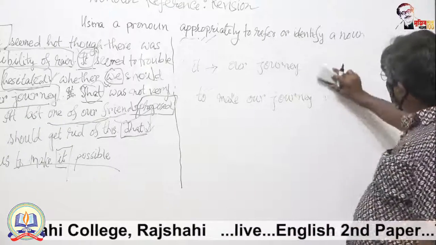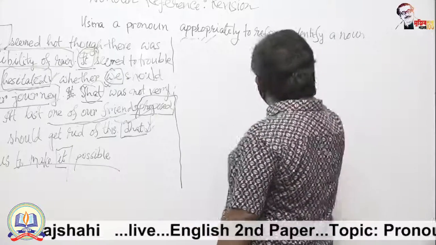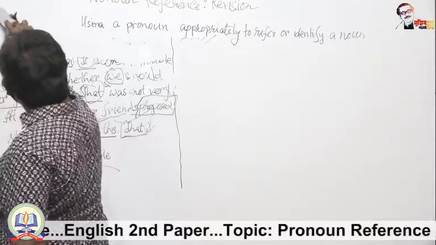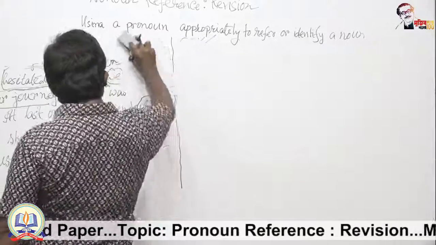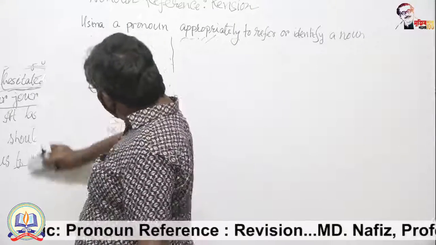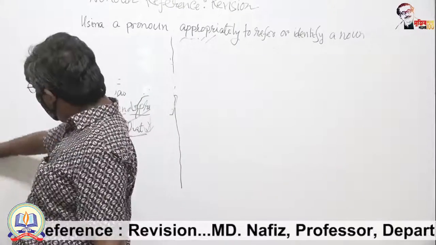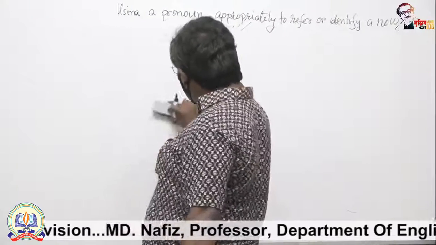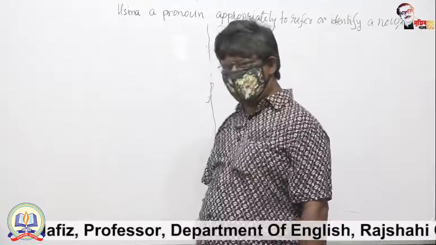Sometimes it happens that there are more than one noun in a clause or sentence, and in the next clause or sentence, there is a pronoun that identifies either of the two nouns in the previous sentence.